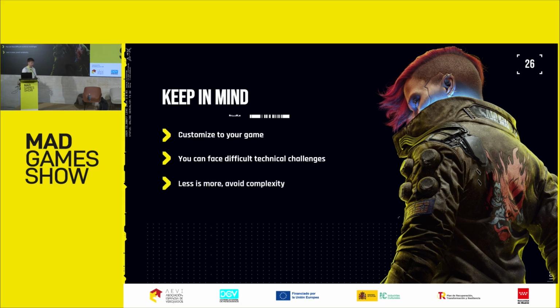And the next is, as I said, less is better. Avoid complexity, and do not fall into the rabbit hole of adding more patterns just because they would feel cool. Keep in mind that it adds to the cognitive load on the players, and it needs to feel like an extension to the game. It has to be comfortable.